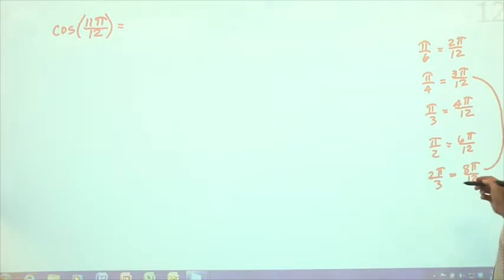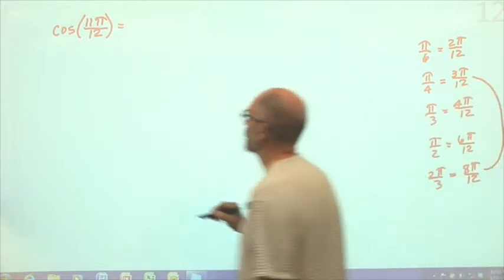Like if I go to, let's see, 14, yeah, 14 pi over 12 minus 3 pi over 12 is 11 pi over 12. And 14 pi over 12 is 7 pi over 6, which we know the sine and cosine of. But we'll take the easy way and do the plus. So 8 plus 3 is 11. So we'll just write this out.